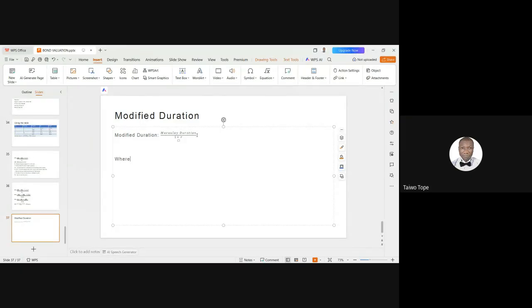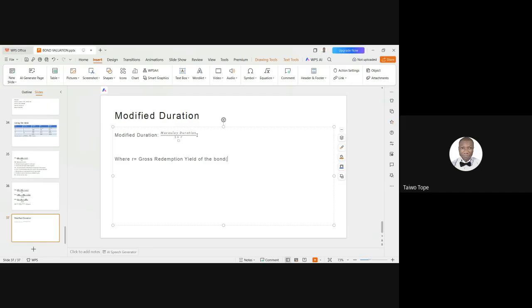Where R is your gross redemption yield of the bond.